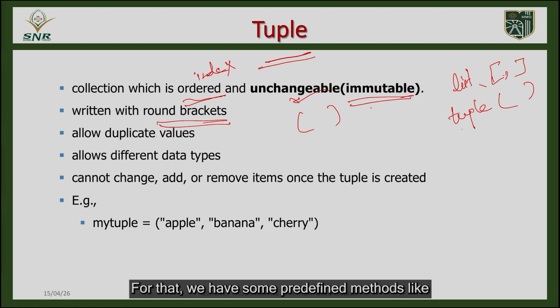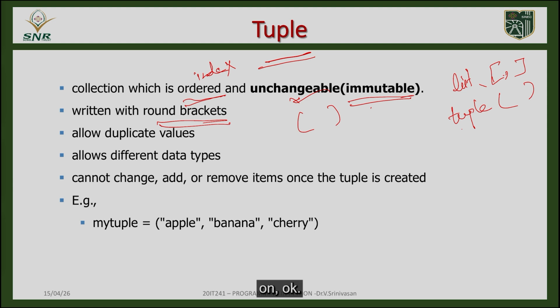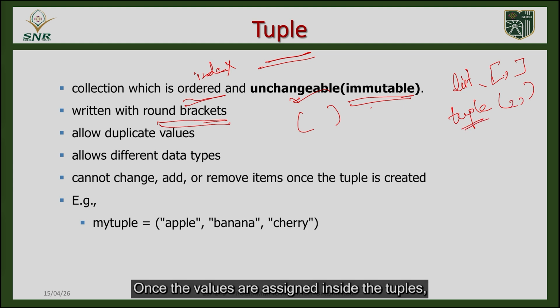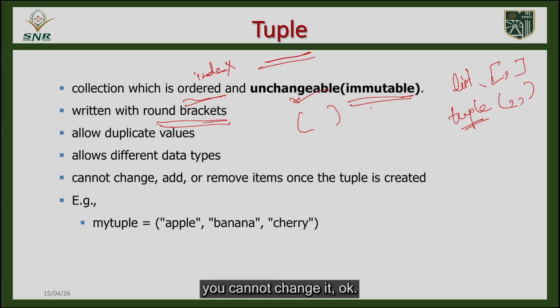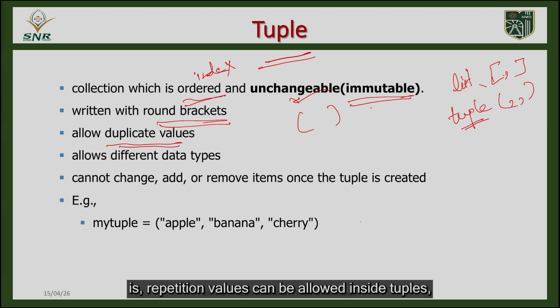For that we have some predefined methods like we already saw: append, pop, remove, insert, and so on. Here tuples are immutable. Once the values are assigned inside the tuple, you cannot change them. And here also it allows duplicate values, that is, repetition of values can be allowed inside tuples.